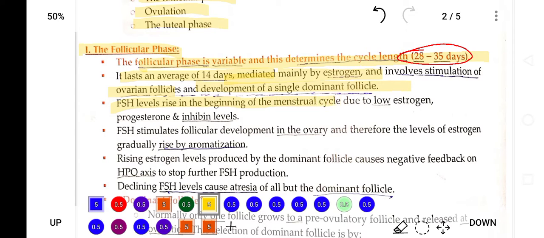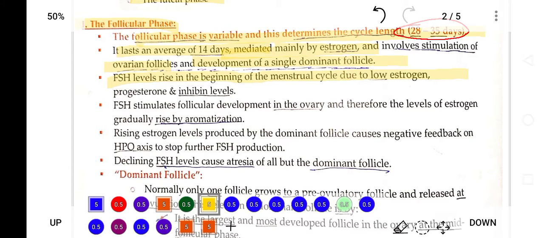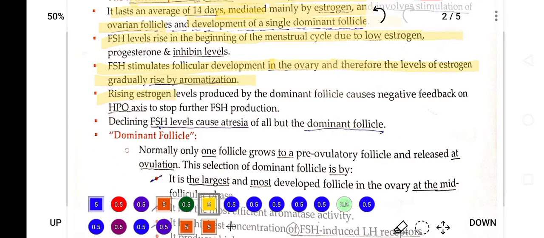FSH level rises at the beginning of the menstrual cycle due to low estrogen, and then estrogen production starts and FSH level declines. FSH stimulates follicular development in the ovary, and the level of estrogen gradually rises. The rising estrogen produced by the dominant follicle causes negative feedback inhibition of FSH production.